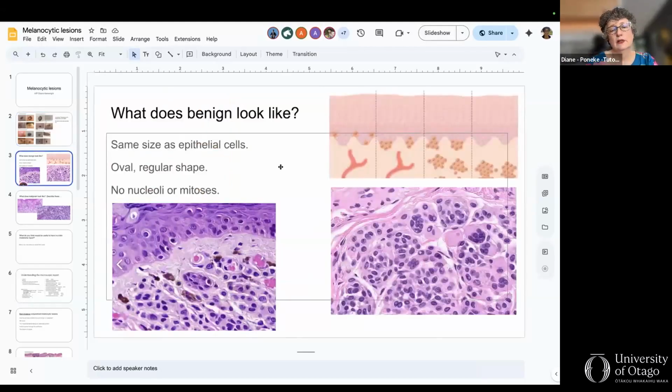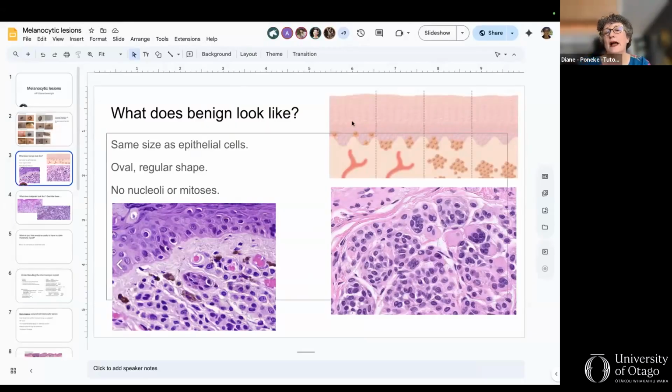One of the key things in melanocytic lesions, because they can occur anywhere, just in the epidermis, at the junction, in both the epidermis and the dermis, and just in the dermis, is we have to think about what benign looks like.